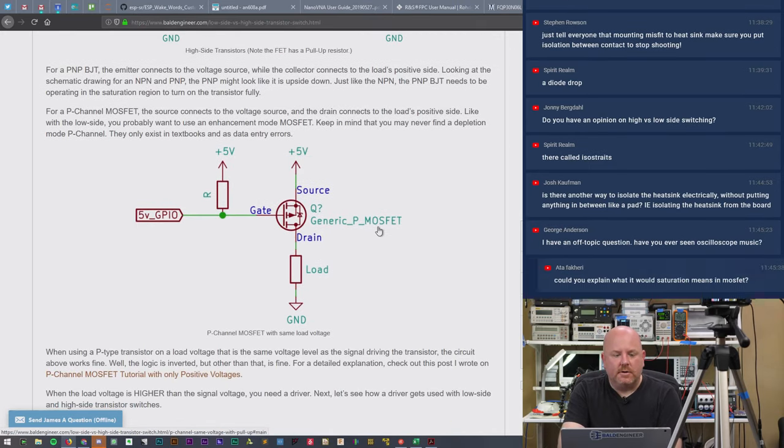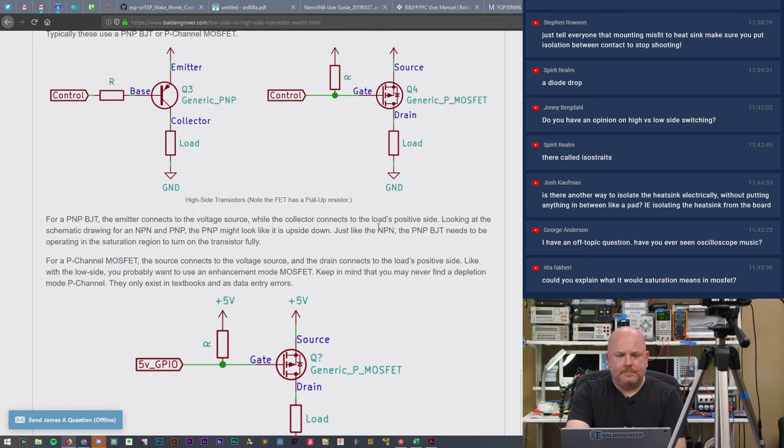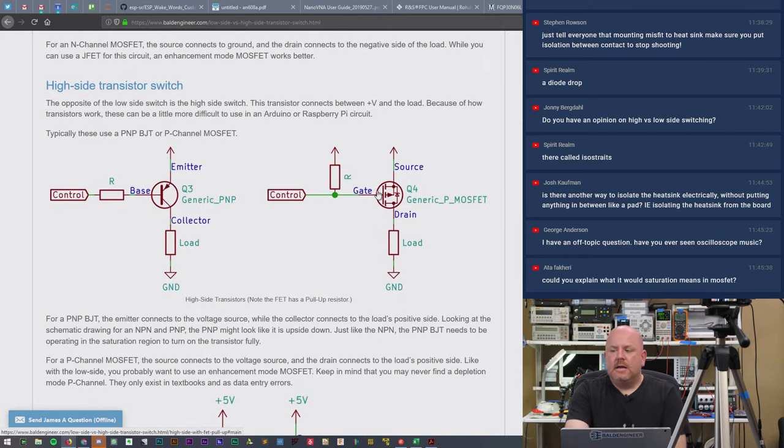Now, if we go and look at a high side configuration, here we go. The transistor is now connected directly to the plus voltage, while the load is connected between the transistor and ground.